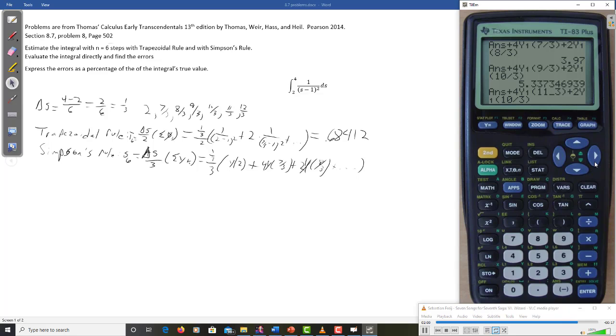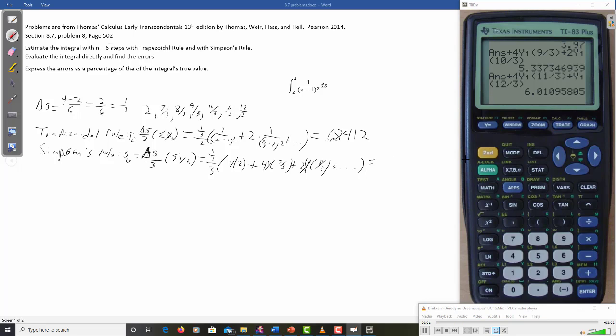And since this is the last term, I have to take off the 2. This becomes 12. And we're left with... Oh, not done yet. I almost forgot. Still got to divide by 9, because I got to do the 1/3 divided by 3.